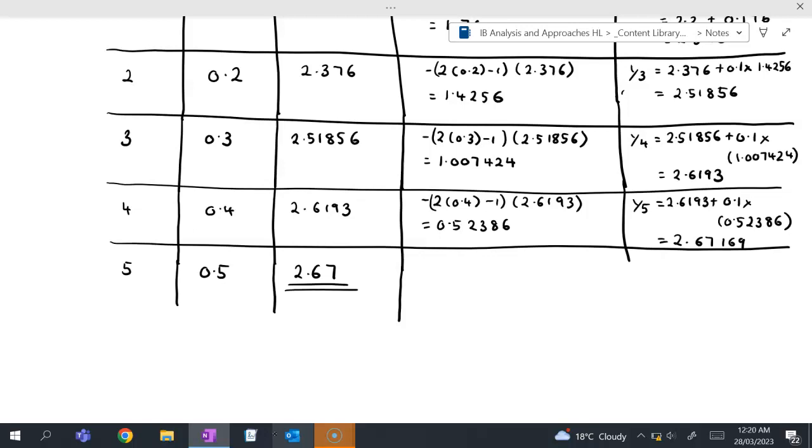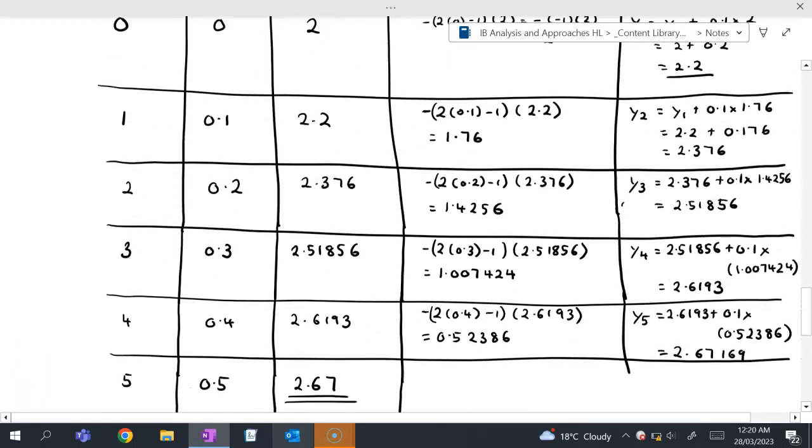And so that's our answer. So the approximation for y when x is 0.5 is 2.67.